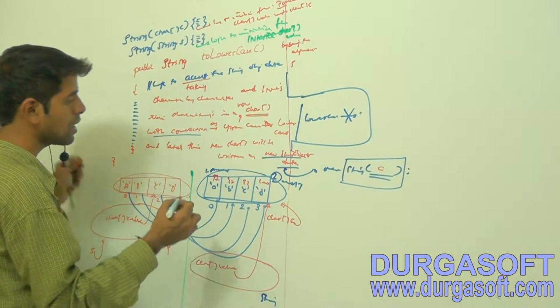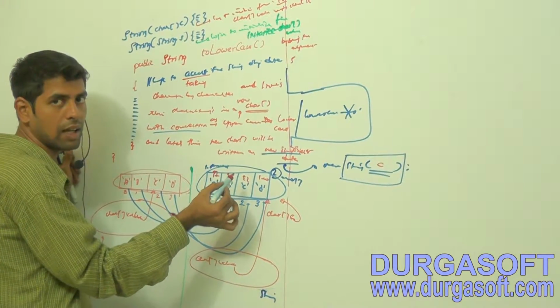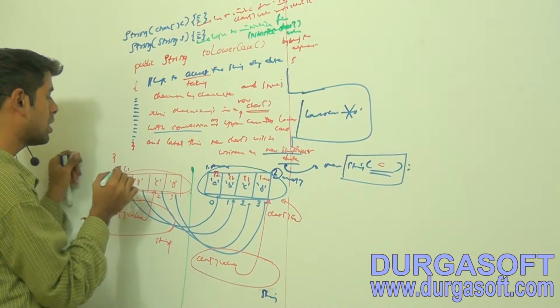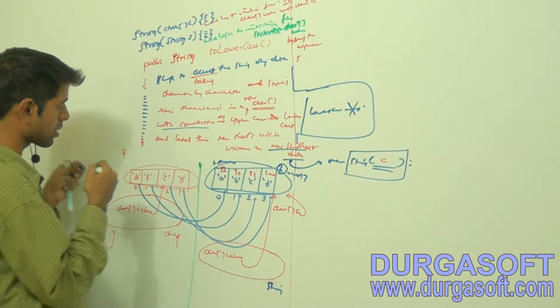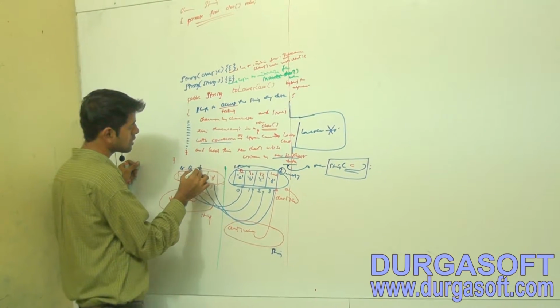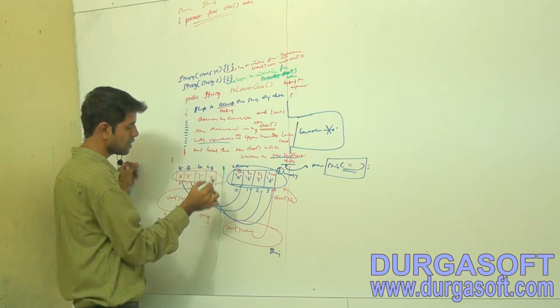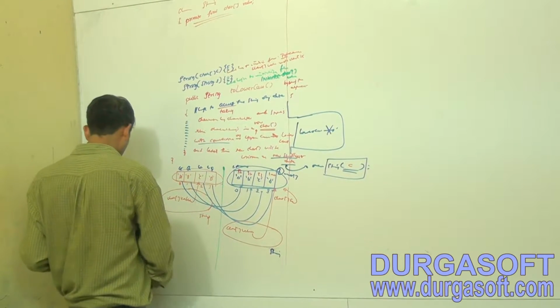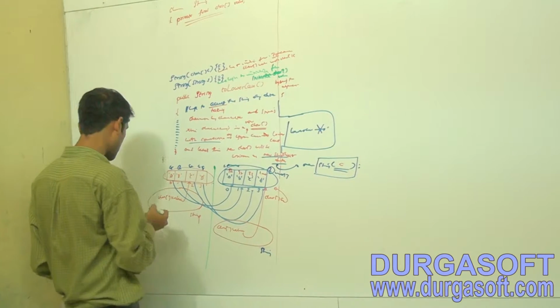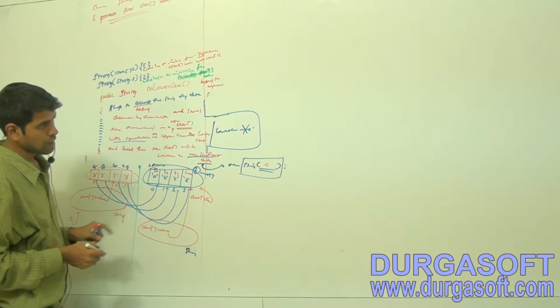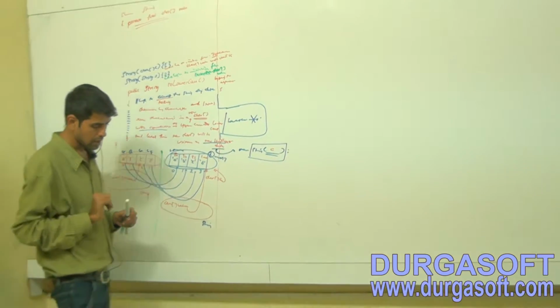So internally it will be 97, 98, 99, 100 for small letters. Here it is 65, the capital A Unicode value, friends: 65, 66, 67, 68. Now observe this part carefully. I have a simple trick.